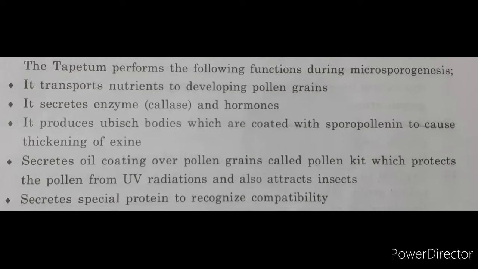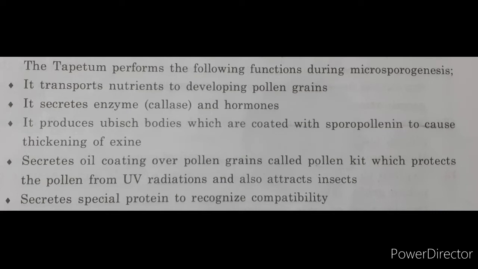The first function is that it transports nutrients to the developing pollen grains. It is a nutritive tissue. Tapetum is the nutritive tissue for the pollen grains. It transports nutrients to the developing pollen grains.